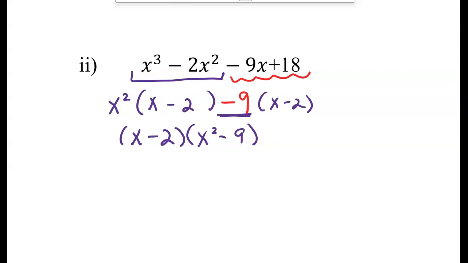That's when you look again and always ask, look at the individual parentheses. X minus 2, is that a difference of squares? Or a sum or difference of cubes? No. But x squared minus 9 is what? Difference of squares. Now, when you're doing this, that means you have to bring your other factor down, and then we keep on going. All right? Difference of squares out of x squared minus 9. What goes in my parentheses?